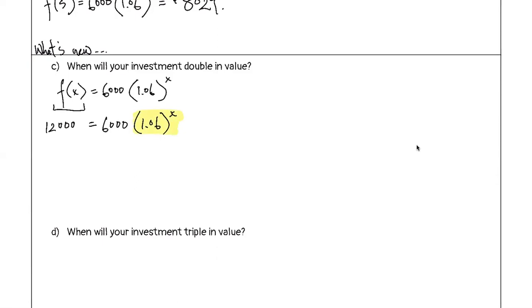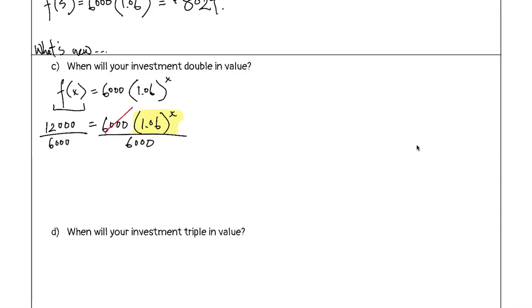So how do I get that b to the x by itself? What do I need to do? Divide by 6,000. Excellent. So let's do that. We're going to divide this by 6,000. We're going to divide the other side by 6,000.